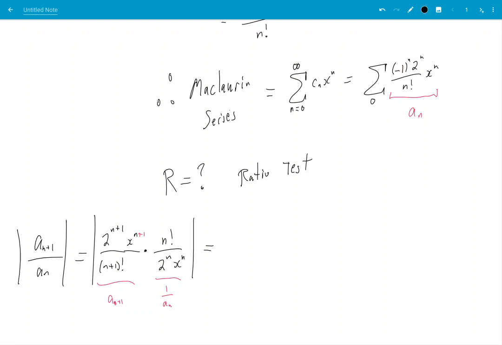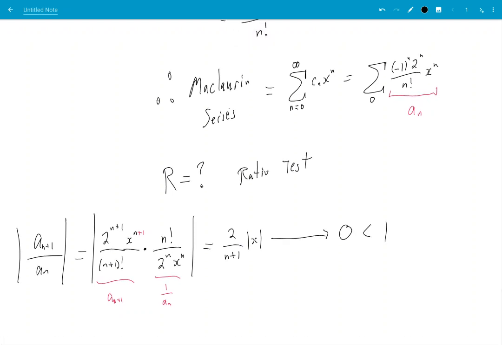We get 2 over n plus 1 times the absolute value of x. And then we do a limit as n goes to infinity. And we get 0, which is less than 1.